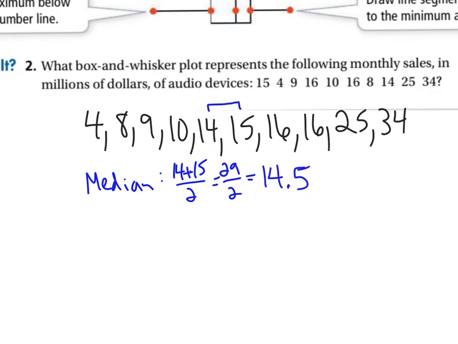So 14.5 would be our median. And what we need to remember for our next step is we have all these 5 numbers below the median. And that's how we're going to decide on our lower quartile.